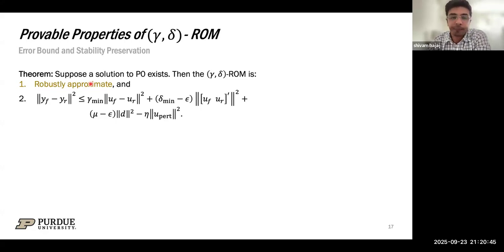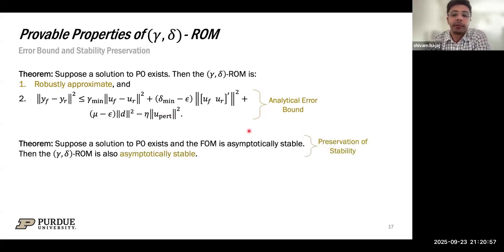The second point is that we have an analytical error bound, where gamma_min and delta_min are the solution of the optimization problem. The third property we can show is that the reduced models constructed through our framework are also asymptotically stable if the true system is asymptotically stable. So we have this preservation of stability property as well.